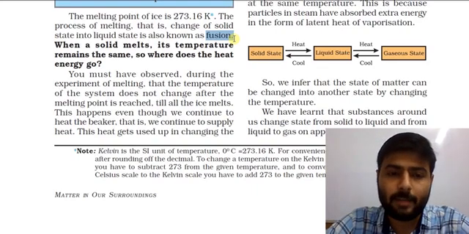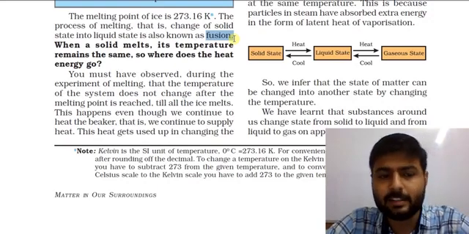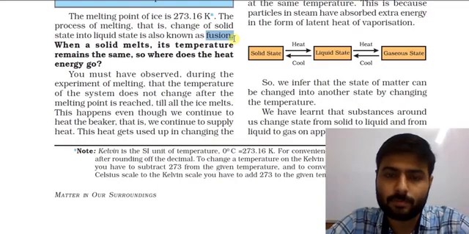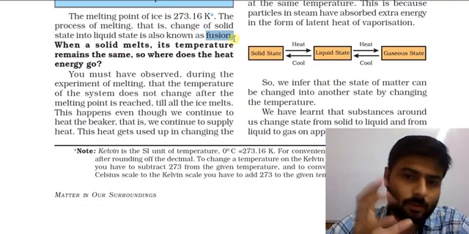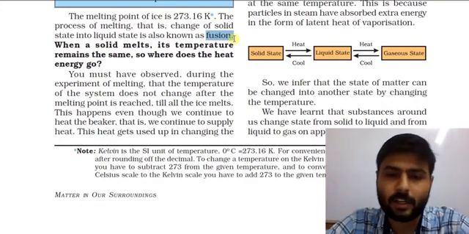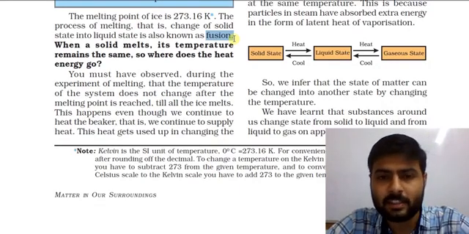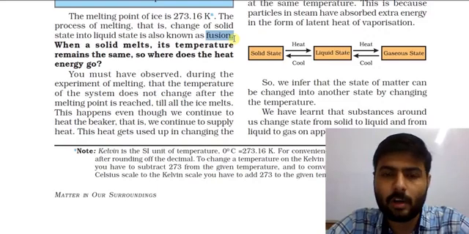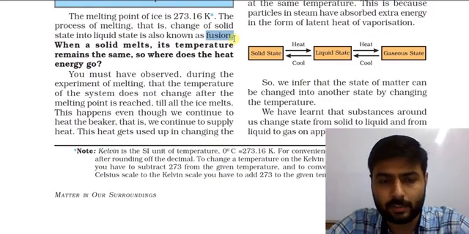When a solid melts, its temperature remains the same. So where does the heat energy go? In the experiment, we have seen that the temperature of the combination of ice and water will remain the same until all ice turns to water.